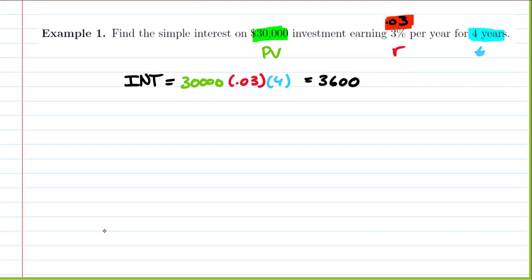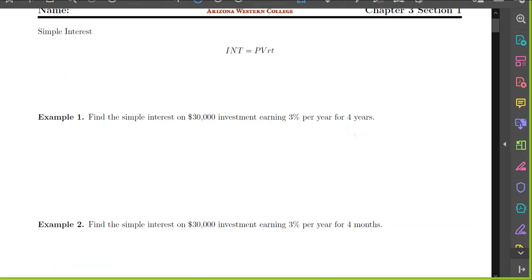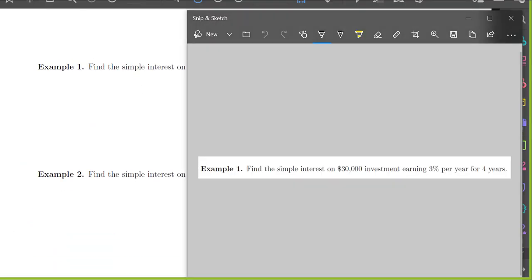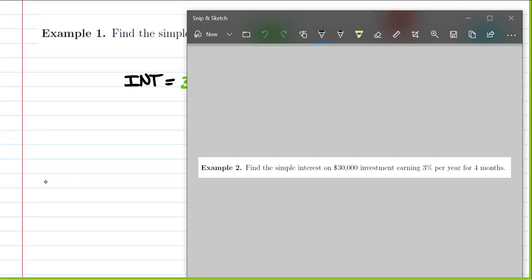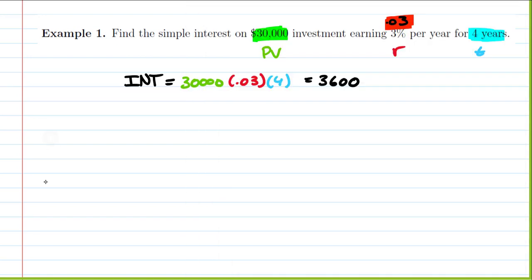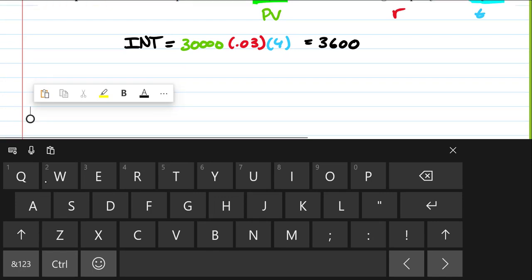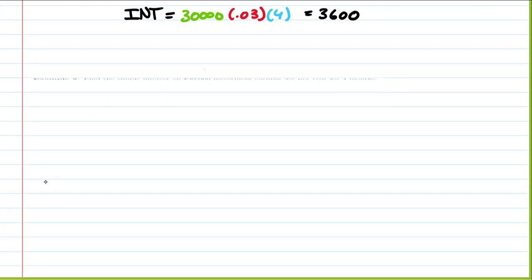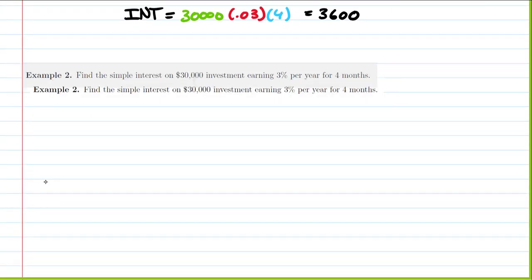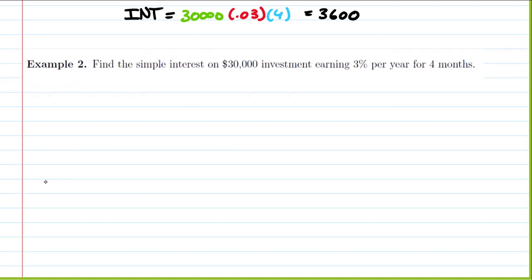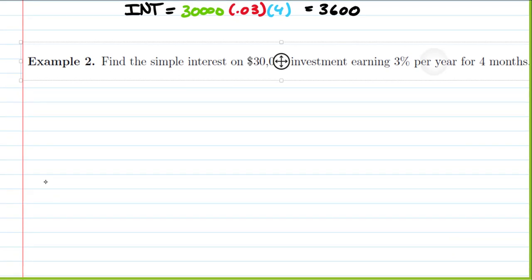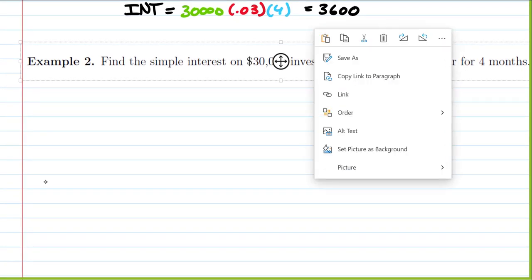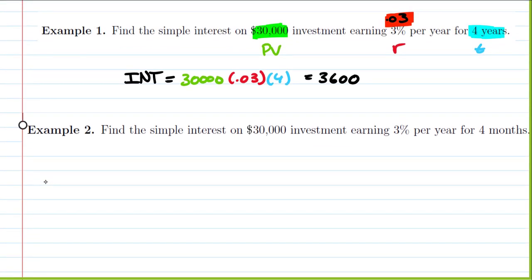So let's take a look at our next example and do a little comparing and contrasting. Example 2 starts off almost identical to example 1. Find the simple interest on $30,000 invested at 3% per year, but this time notice our time discrepancy.